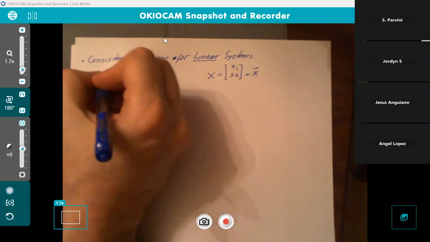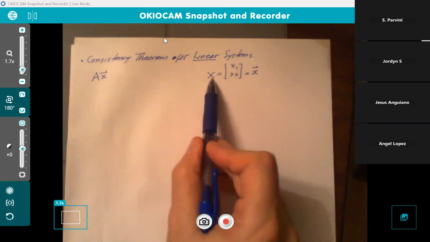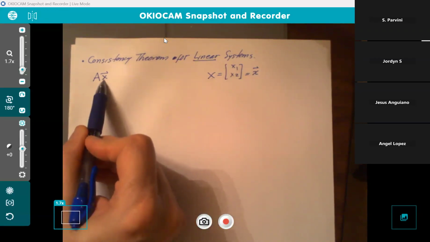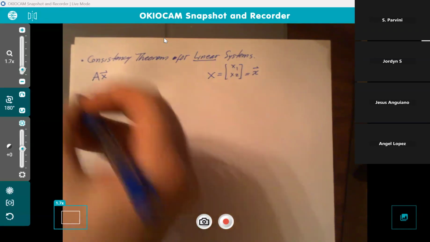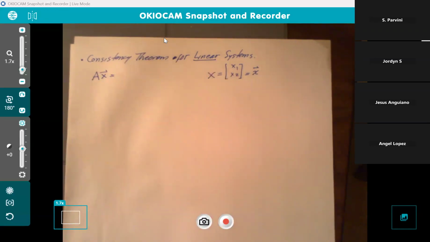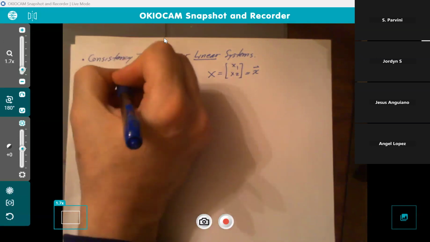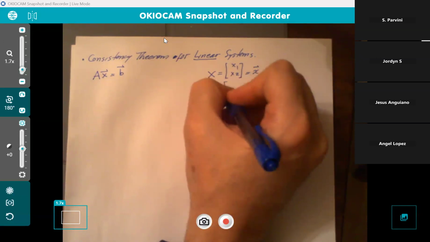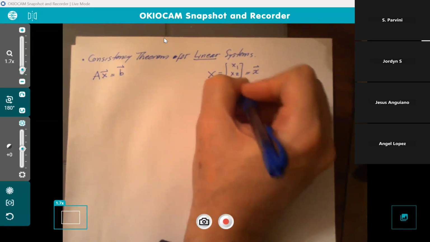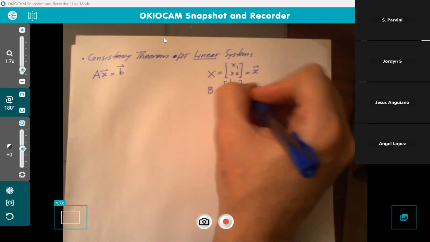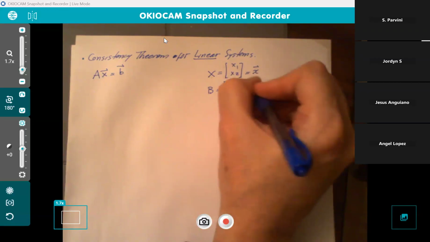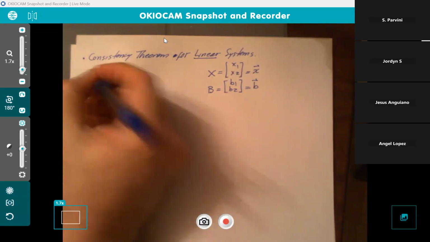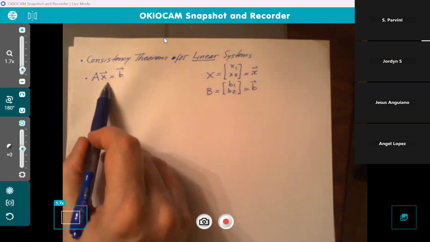If I do that, instead of a capital X, I can write a column vector of variables x equals b. Again, capital B. Wasn't that B1, B2 on the previous page? Now I choose to see it as a column vector. So it is possible to also write the system like this.